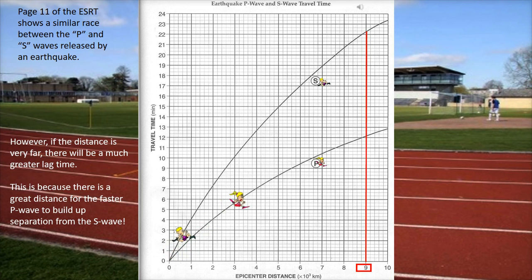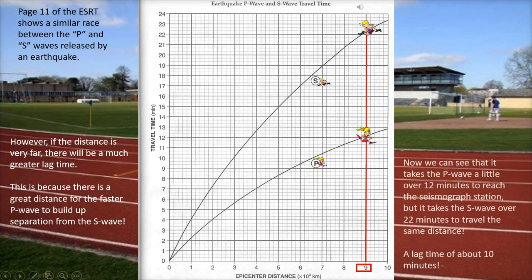Like that second to last race where Scotty came in so far in back of Priscilla, here is that comparison. A long race gives a long separation, and now you can see there's a big lag time, or a big gap between the two.